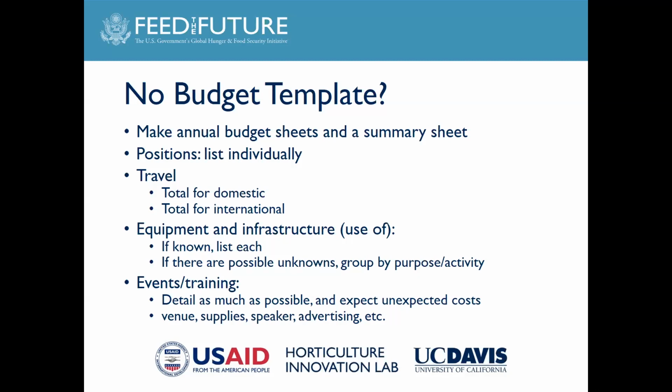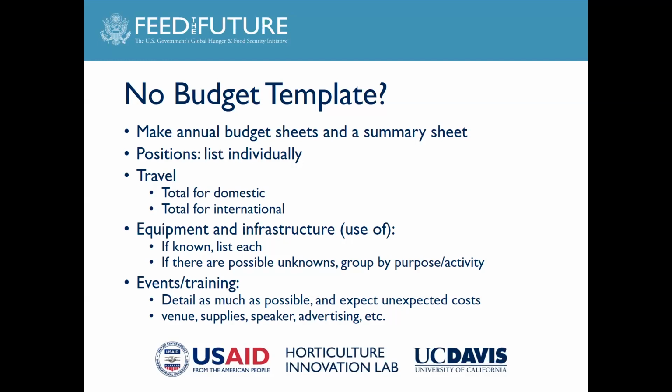Events and training. You definitely want to put as much detail as possible here. This is often a point where applicants will overgeneralize, and it is just this big number and there's not a clear benefit to the program. So you want to put as much detail here as possible.